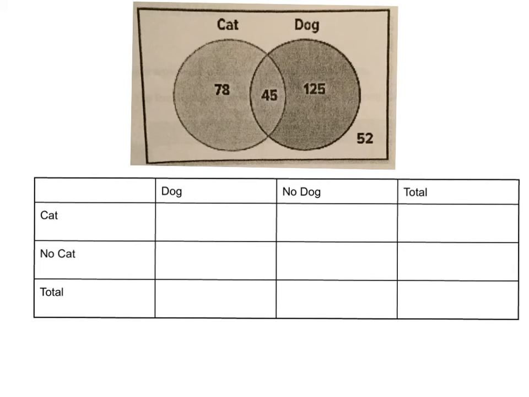Let's start with 78. What that means is 78 people own a cat but do not own a dog. So we want to find, let's see, yes to the cat but no to the dog. So 78. But now we're looking at 125 own a dog, but not a cat.